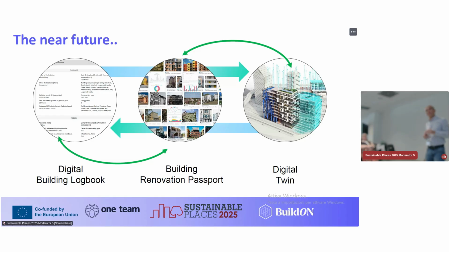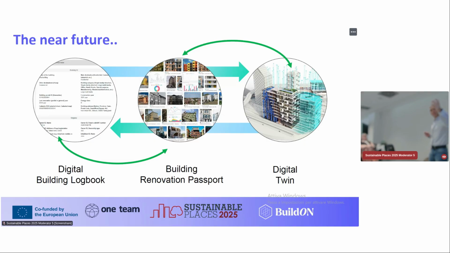Another really interesting point is that in some way the digital logbook remains a sort of repository that is completely linked with the digital twin, because in a digital twin you visualize the building and the data that are linked can be directly stored in the logbook. And every time we can go back and forth between these two functionalities.